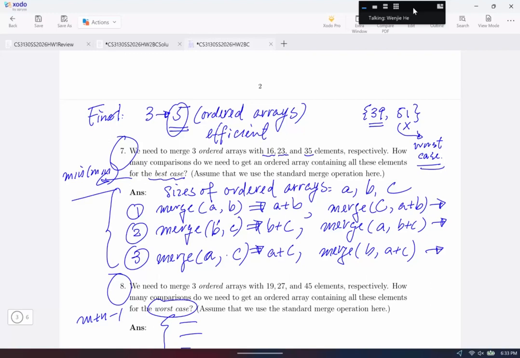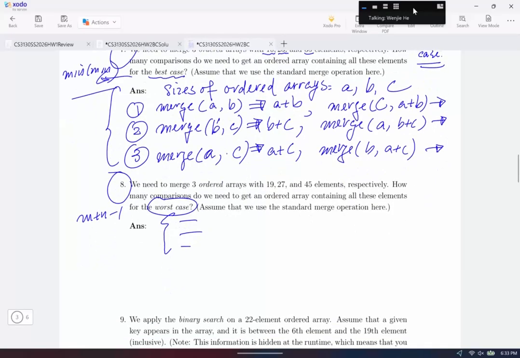All right. So now I give you the right way to answer these 2 questions together, the correct, efficient way. Apply the greedy algorithm.